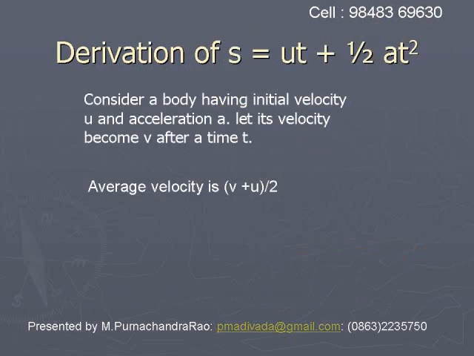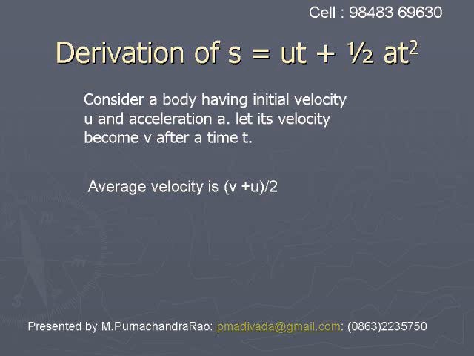Derivation of the relation s is equal to ut plus half at square from principles. Let us consider a body whose initial velocity is u and its velocity becomes v after a time t, having an acceleration a, and its displacement is say s.